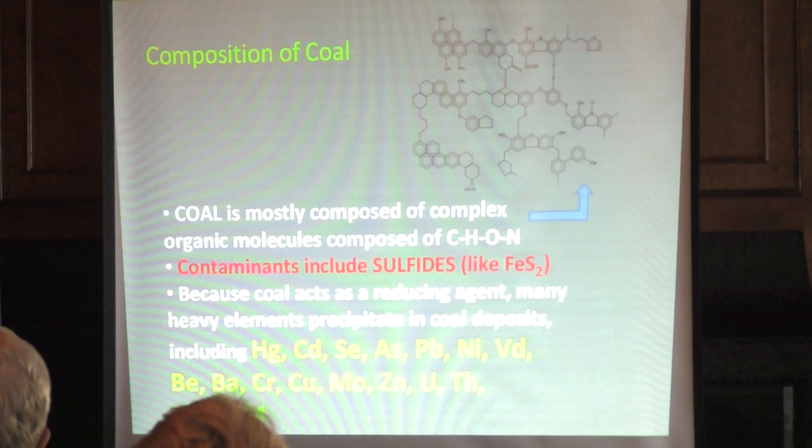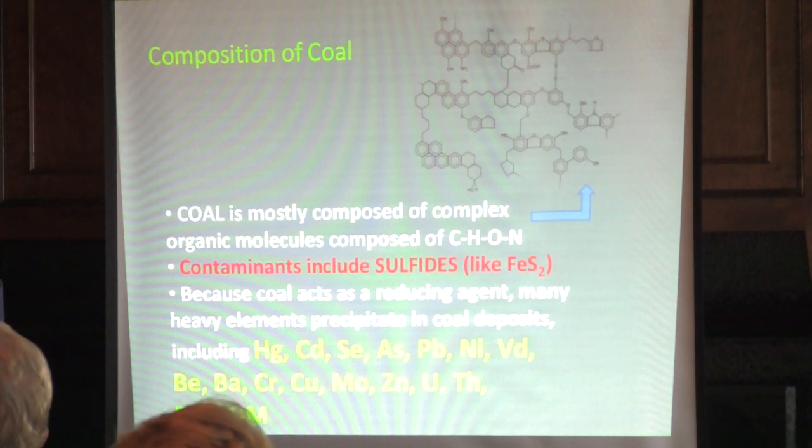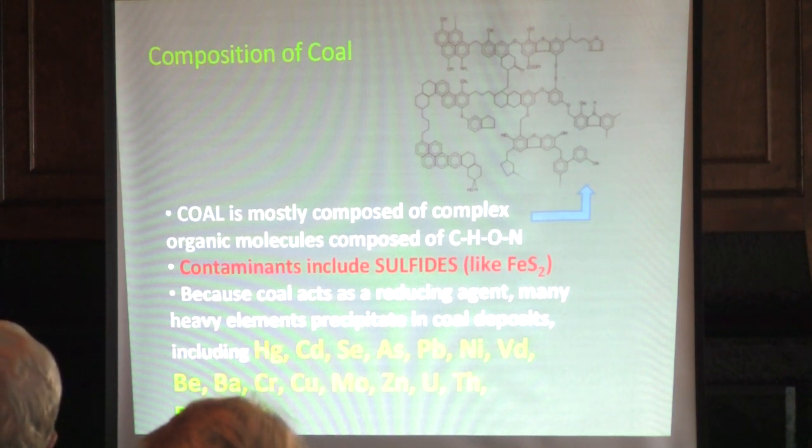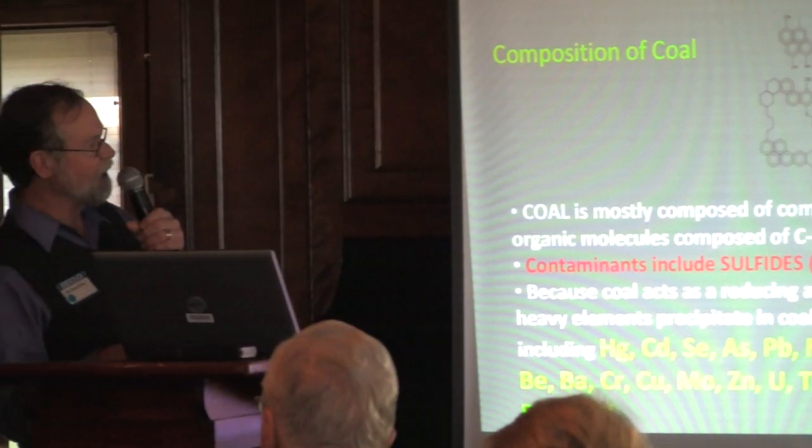The more carbon that you have in coal, the better. Anthracite usually has more carbon than the others. Bituminous is also very rich in carbon. And the more carbon you have, the higher the heat content. But there are other things in coal besides just carbon and oxygen. As you can see here, there's a whole list.